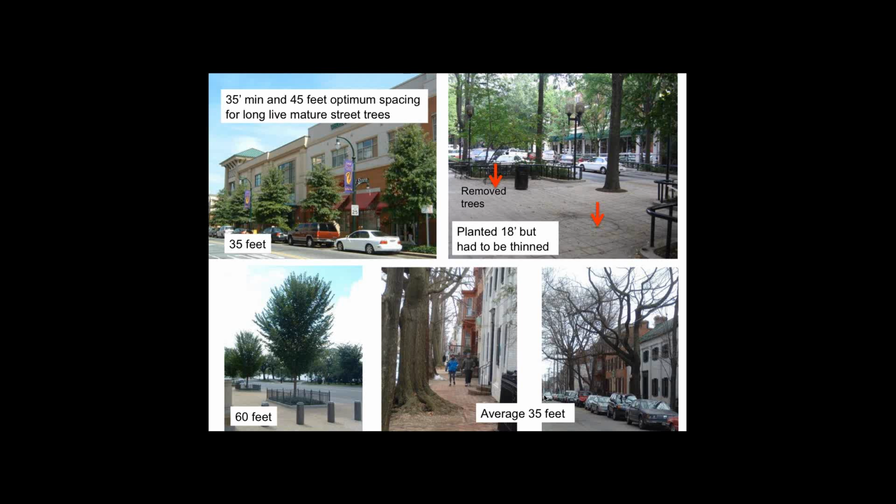So I think that the right spacing for street trees, single rows of trees, is about 35 to 45 feet. It gives us a reasonable first impression and gives us good long-term growth on the trees.